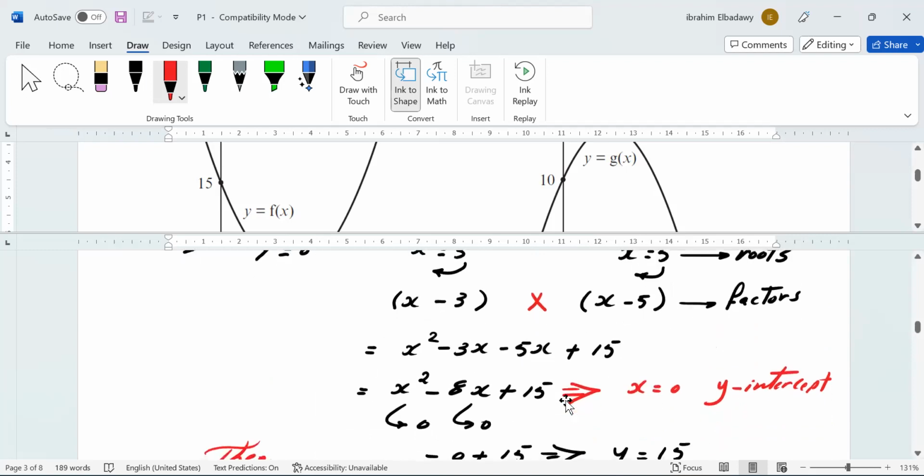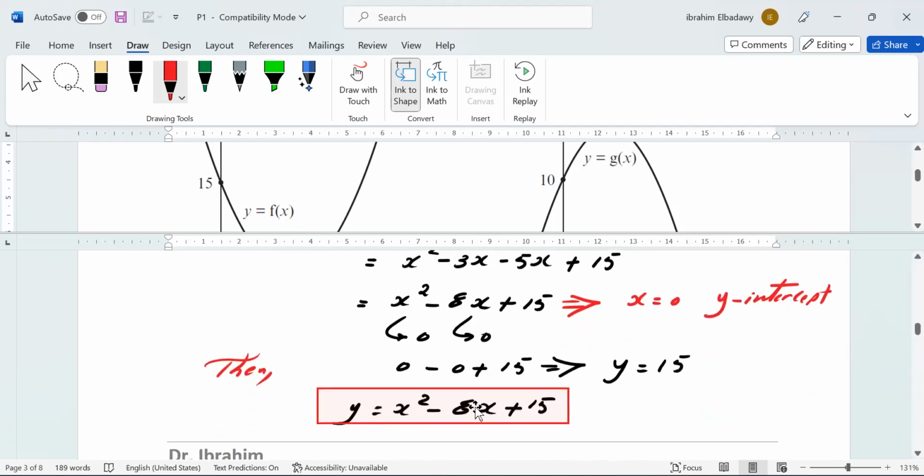After expanding, you have to check. Check what? Check the y-intercept. When you put x equal to 0, you get the y-intercept. The y-intercept is 15. Is this identical to the given one? Yes, it's the same value, 15 and 15. So you get the right answer, and this is the final formula of the function f(x) or y.